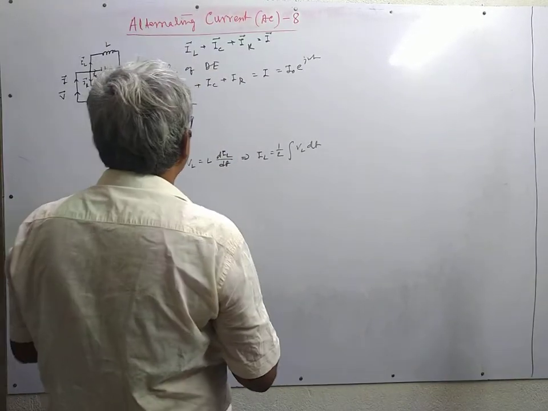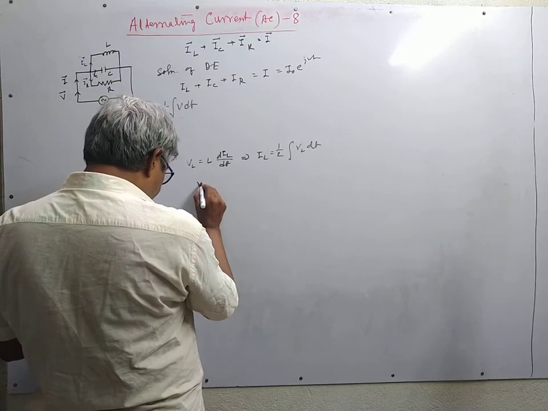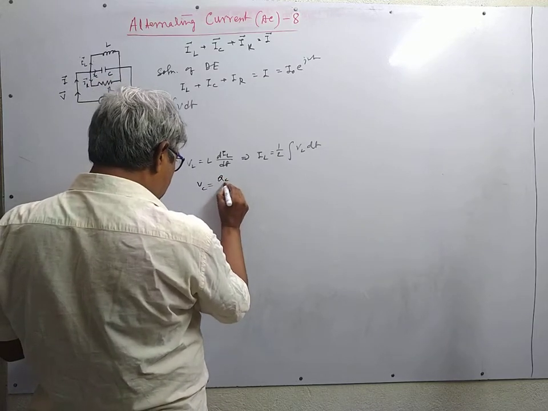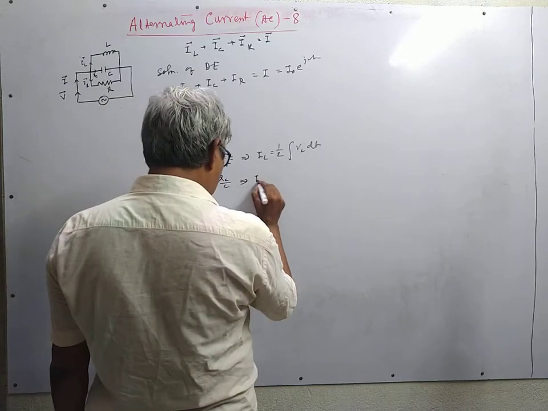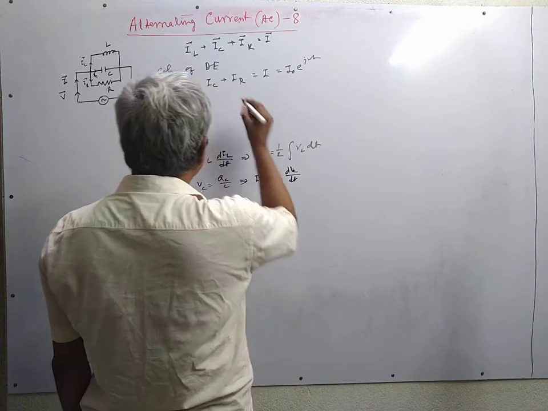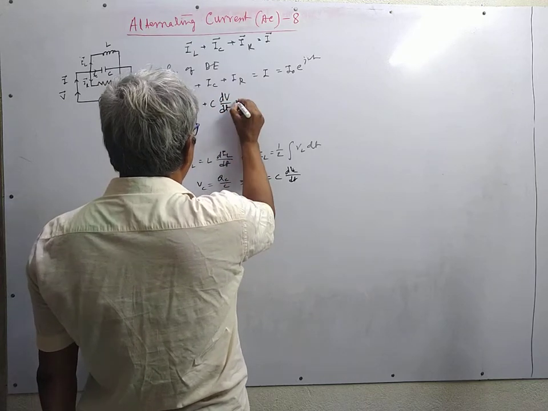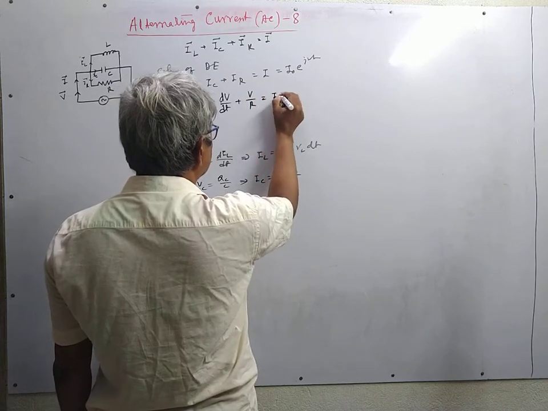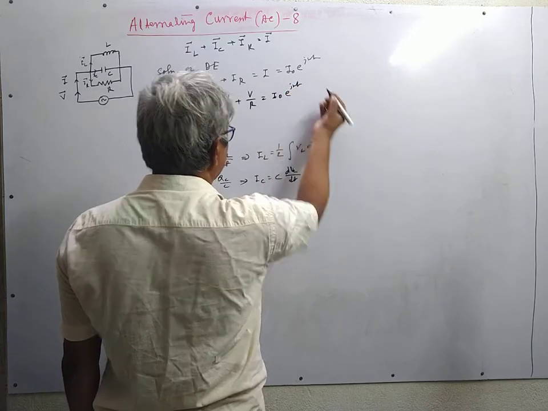For the capacitor, V_C is equal to Q by C, which leads to I_C equal to C dV/dt. And for the resistor, the current is V by R. The sum is equal to I0 e to the power j omega t.